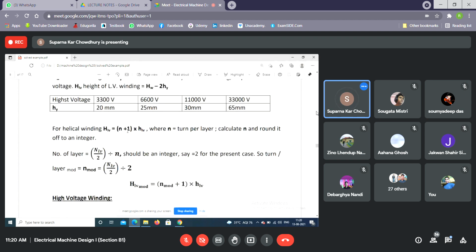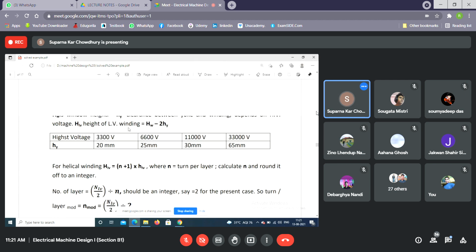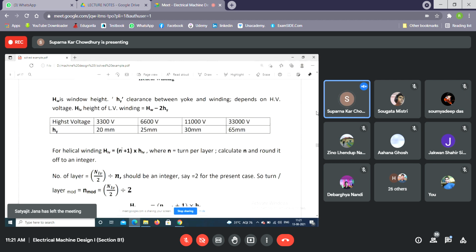Say we calculated it for this present figure, and it came out as 1.6 or something. So we have changed it to 2. So 2 for the present case. In that case, that n value, the number of turns per layer, should be actual. What is the actual modified value? It will be NLV, the number of turns of the LV winding, divided by 2, because NLV by 2 is accommodated on one limb, divided by 2.